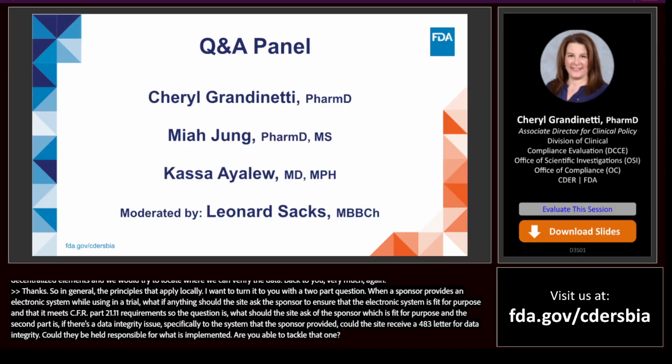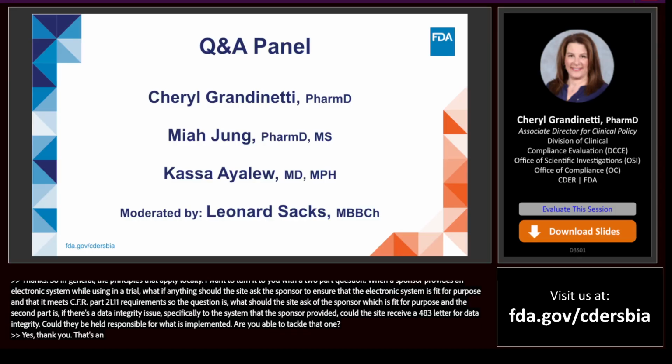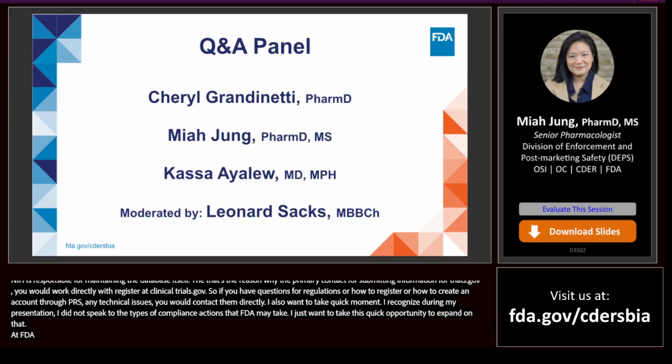Responsibilities surrounding the electronic systems utilized in trials are shared between sponsors and sites. Diligent assessment and comprehensive training are vital to ensure these systems not only meet but exceed regulatory standards, thus safeguarding data integrity. The FDA proactively issues preliminary and formal notices of noncompliance to encourage adherence to regulations.